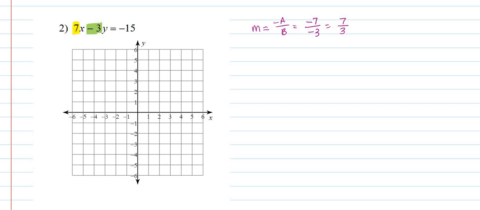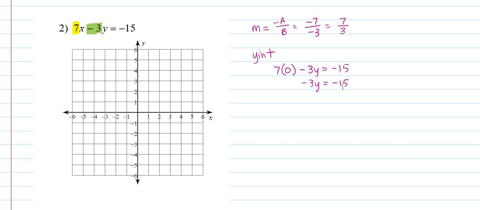Now we need to find a point, so I suggest we start by finding the y-intercept. If I'm finding the y-intercept, I'm plugging in 0 for x. So instead of x, I replace it with 0, and I'm left with the equation negative 3y equals negative 15, because 7 times 0 is 0, so that term cancels out.